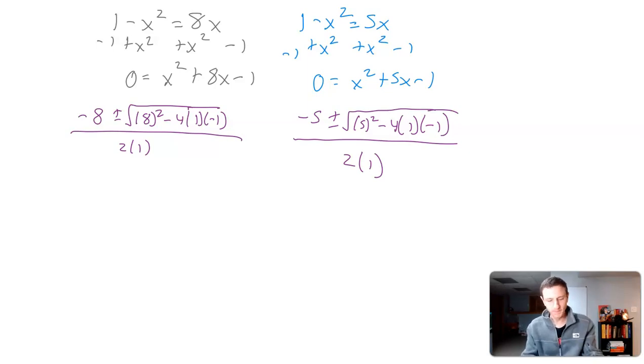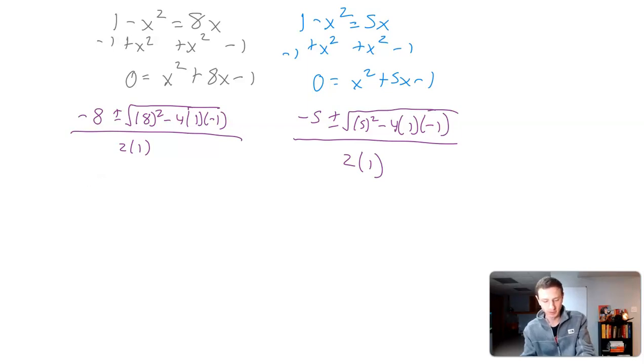Now what? Okay, well, we have some work to do inside of the radicals. I have 8 squared is 64, so this is 64 here, minus 4 times 1 times negative 1. That's negative 1 times 4, which is negative 4. Negative 1 times negative 4 is positive 4, so that's going to be plus 4.